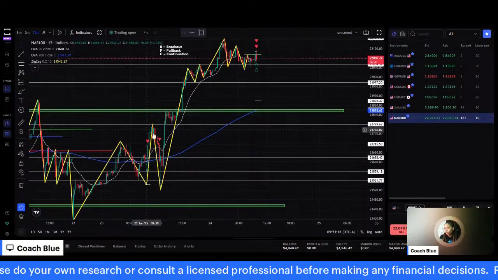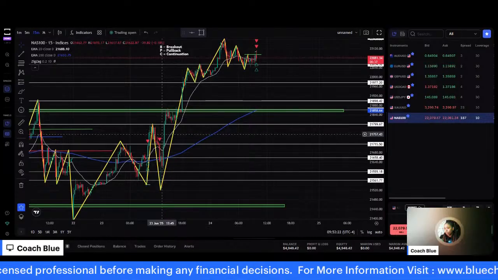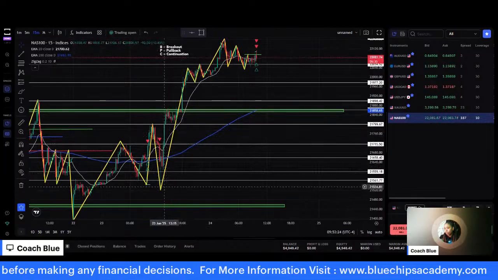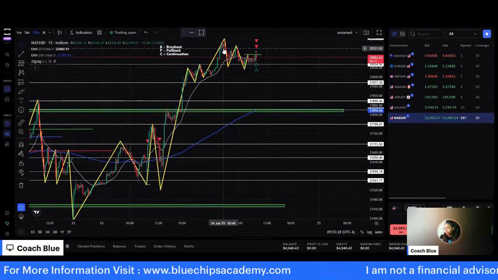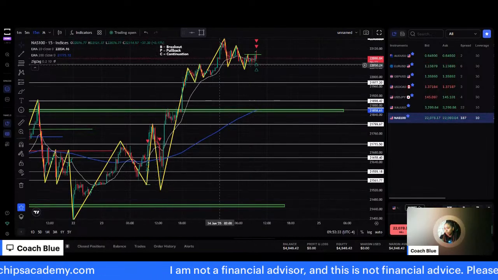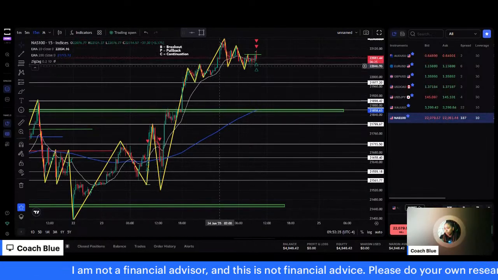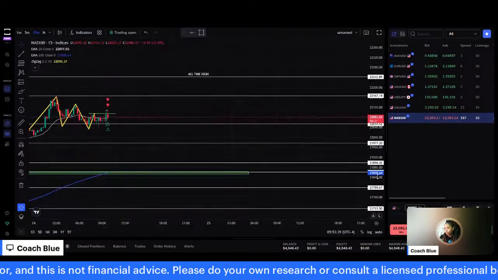We got into this buy, but a lot of us were trying to hold the second position here. As you can see, price came all the way back down here and then pushed to the upside. So there's a lot of volatility happening with NAS, and that's exactly what we're experiencing right now.